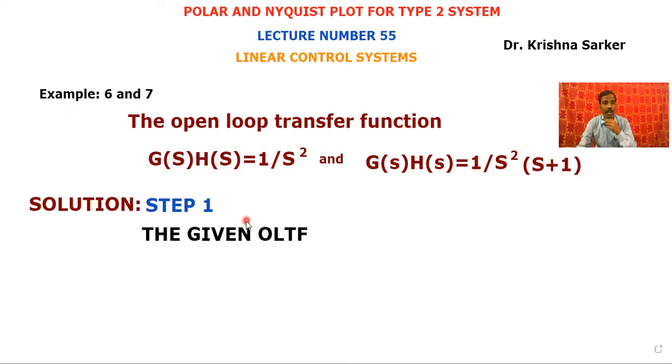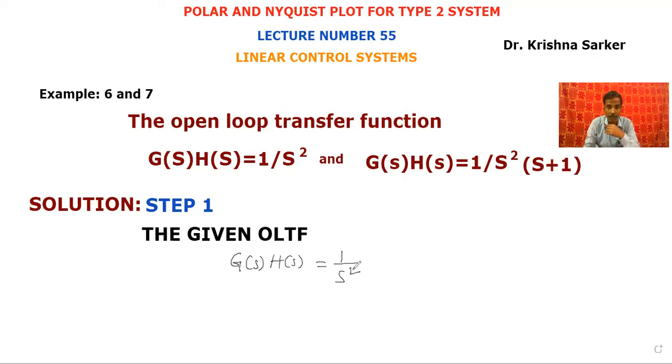So solution. Step 1, the given open loop transfer function G(s)H(s). What is the open loop transfer function? G(s)H(s) equals 1 by s square.